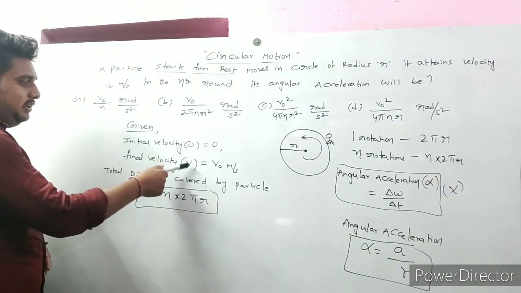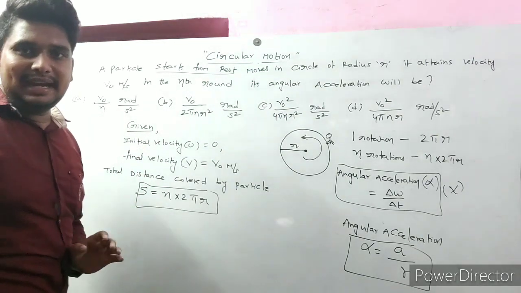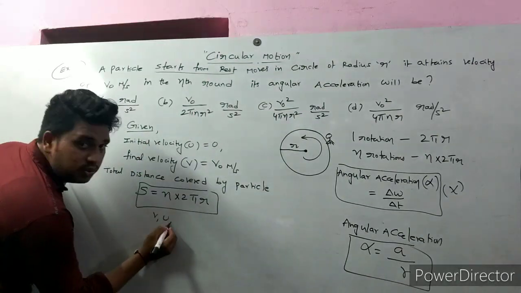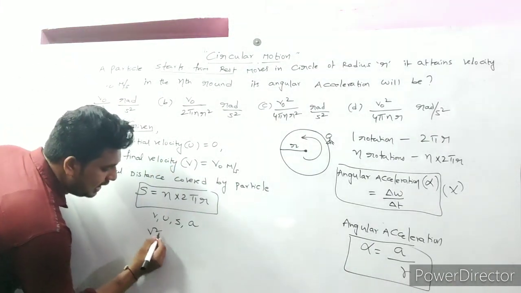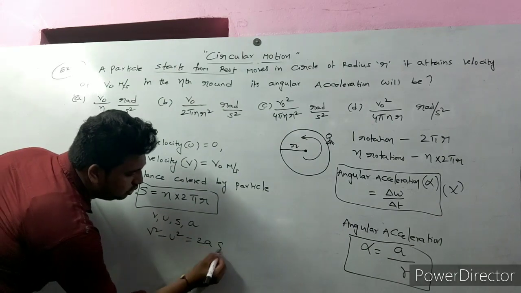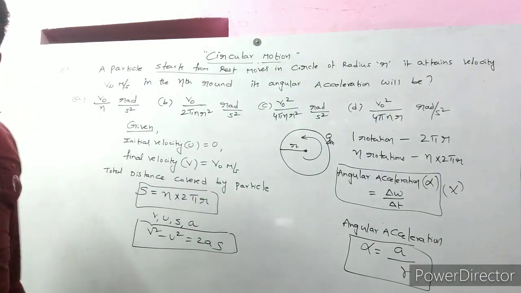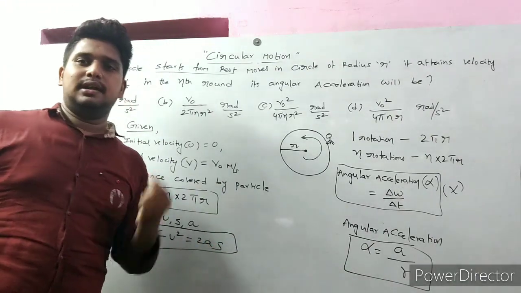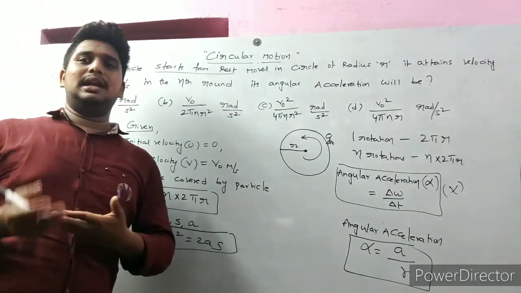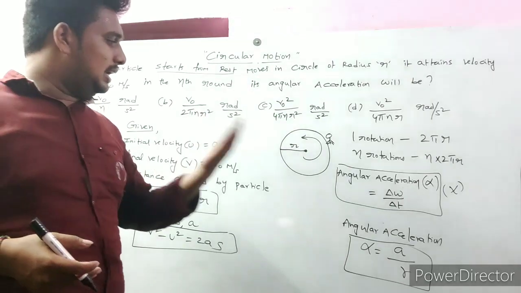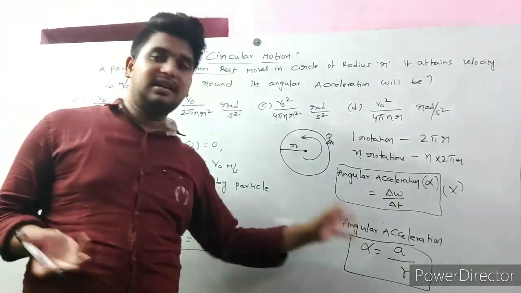It's easy: v, u, s and a are related by v square minus u square is equal to 2as. From this formula we calculate linear acceleration, and dividing linear acceleration by radius, we get angular acceleration.